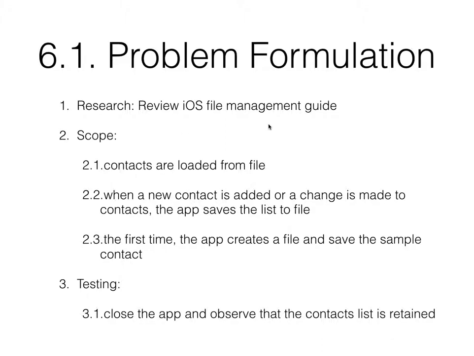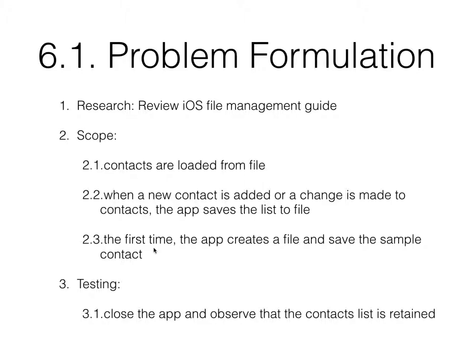So now that we have learned a little bit about the iOS file system, what exactly do we want to accomplish? There are several cases. First, when the app loads, it needs to check if there is already a file. If there is a file, it loads the content from that file.